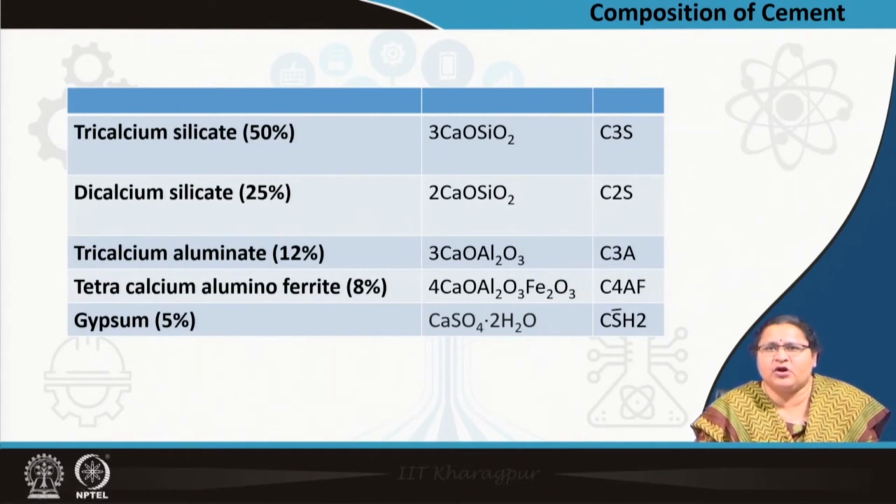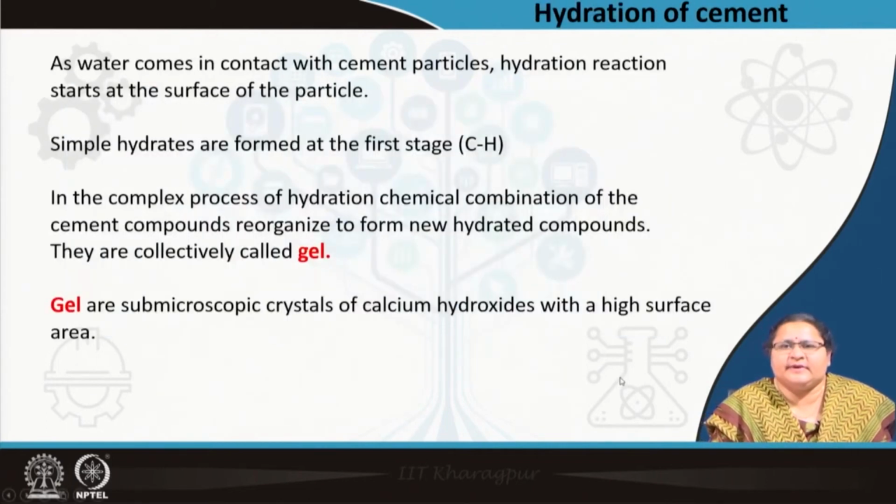So, whenever we talk of cement, whenever we say C3S, it is tricalcium silicate, C2S is dicalcium silicate, tricalcium aluminate is C3A and the other two. So, you do not have to remember all the formulas, but it is the basic way of remembering. Why we need to remember? Because all these items react at different times to help in the setting process. So, that brings us to the hydration of cement.